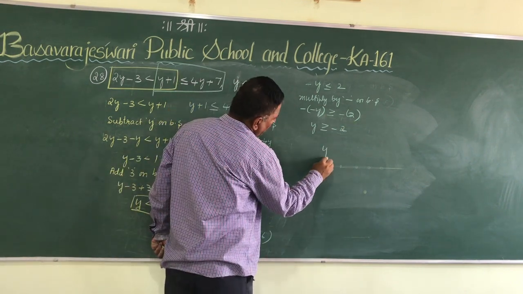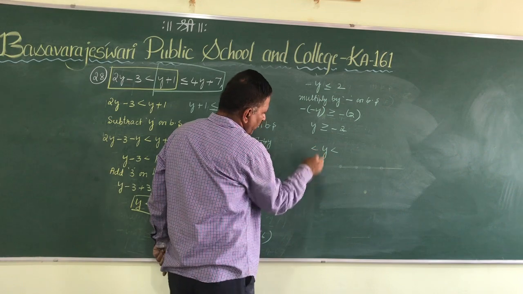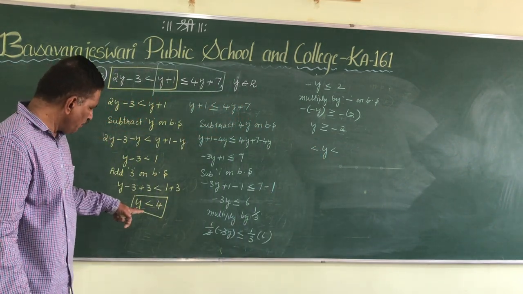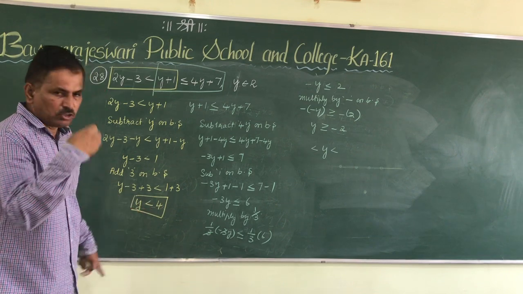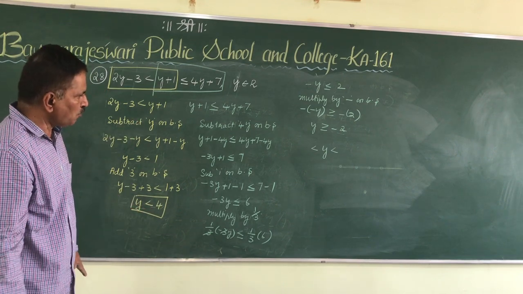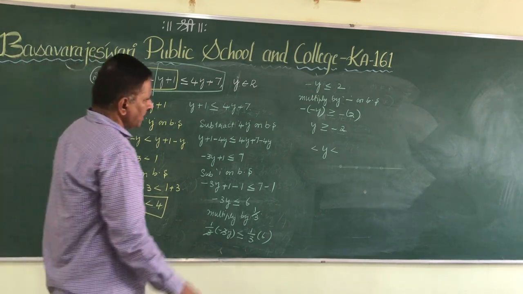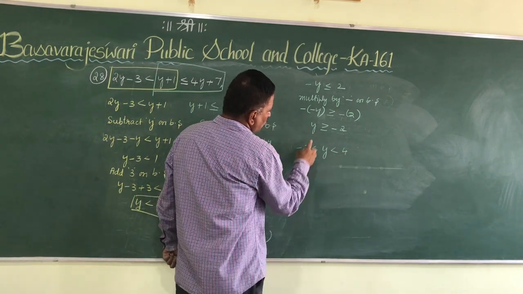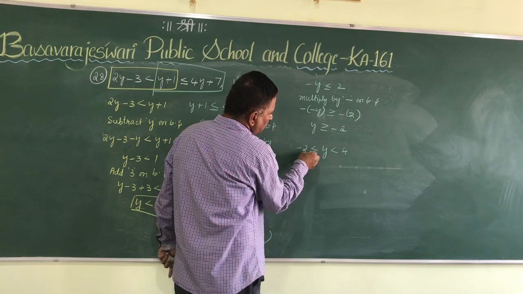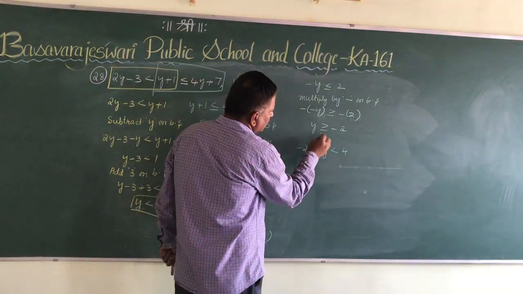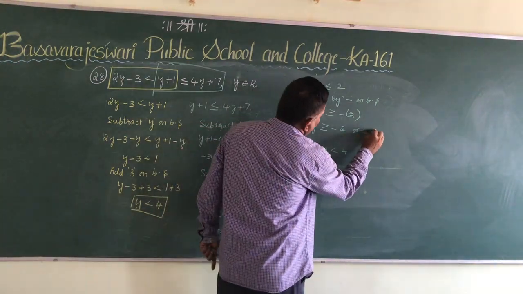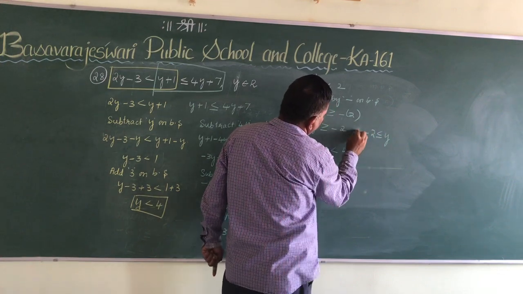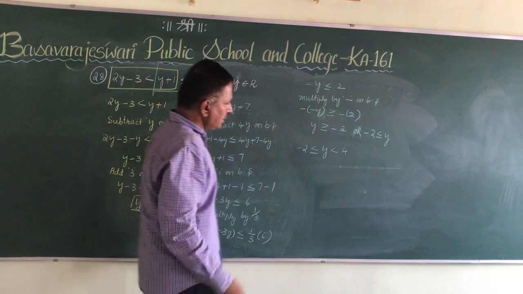Now, on both sides of y you write a less than symbol. You take the greater value and write it on the right side, and the smaller value on the left side, that means minus 2 as well as 4. So between minus 2 and y there is an equal sign. This can also be written as minus 2 is less than or equal to y. You can write it like that also. Either way it is correct.